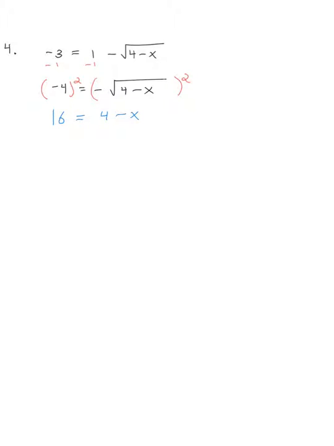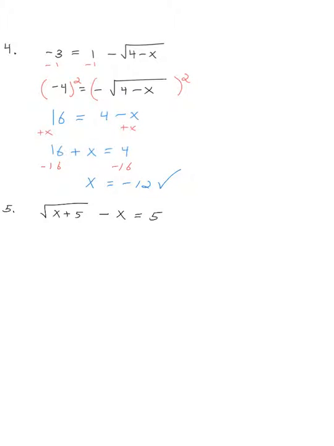To solve this, I'm going to add x to both sides. I get 16 plus x is equal to 4. I'll then subtract 16 from both sides, and I get x is equal to negative 12. So negative 12 is in fact a solution to this equation.